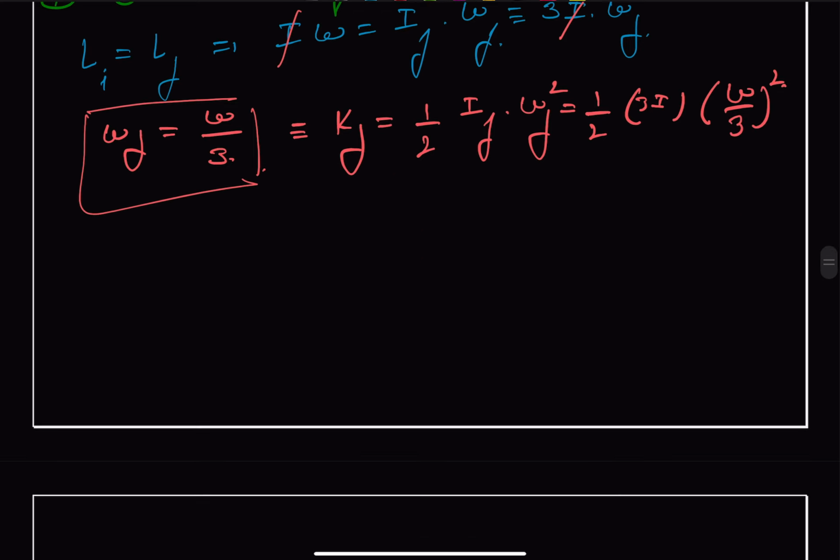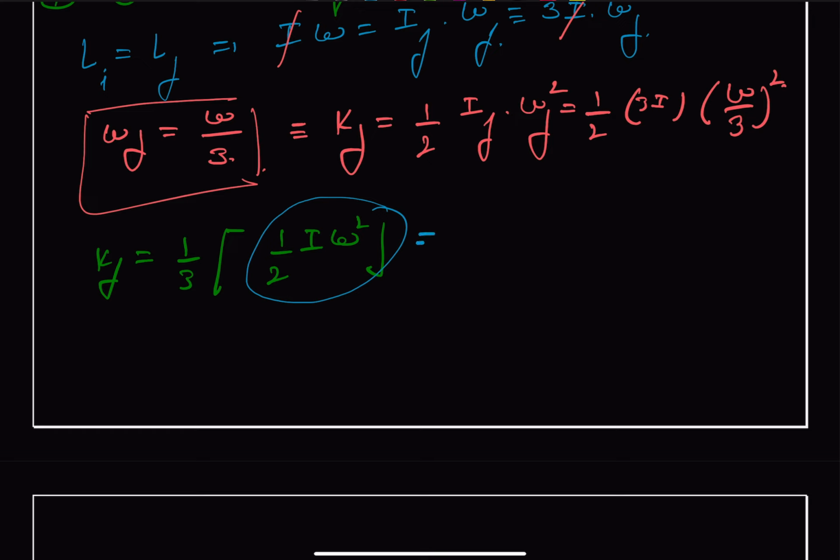So we get energy final will be equal to 1 by 3 times 1 by 2 I omega square, and this is nothing but our initial energy.